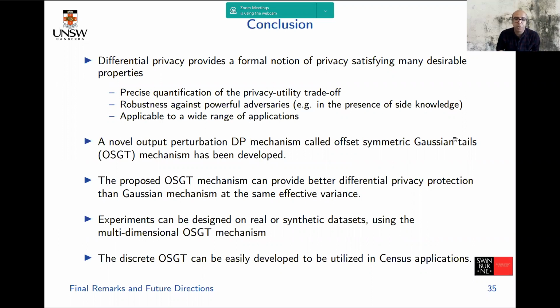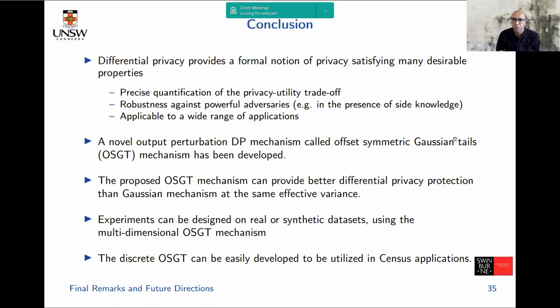It's also robust against powerful adversaries, even in the presence of side knowledge. Even if the attacker wants to find a particular element or person in the data set, if they have side information or knowledge of the data set, it's not easily possible.